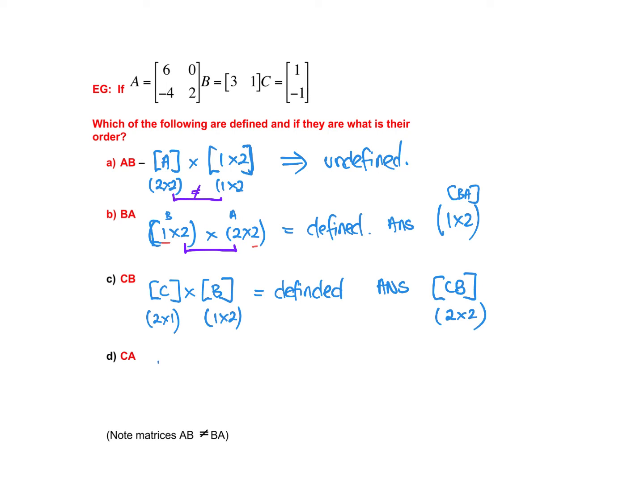And then the last one, we've got C multiplying with A. We need to always check whether we can do it before we go off and try, because it'll save you a lot of time. So this one is undefined. And we just make a note that AB does not equal BA, but we've already talked about that.